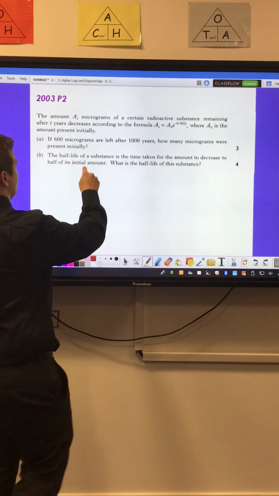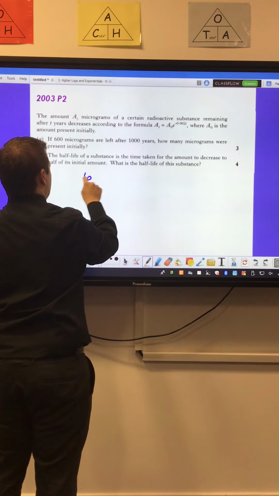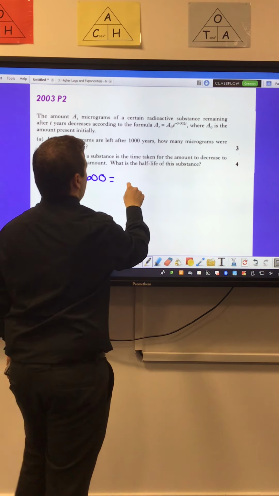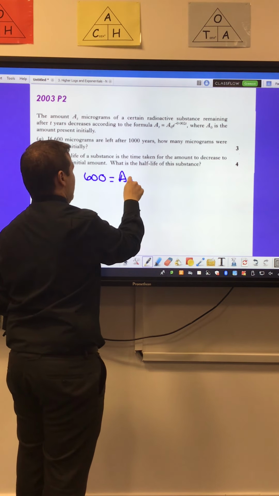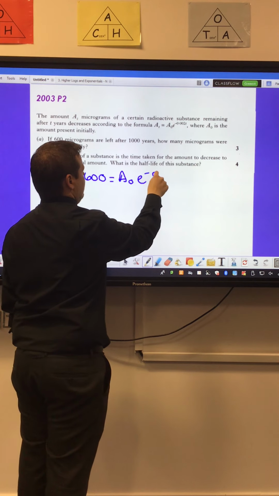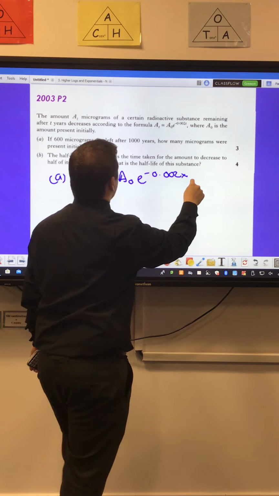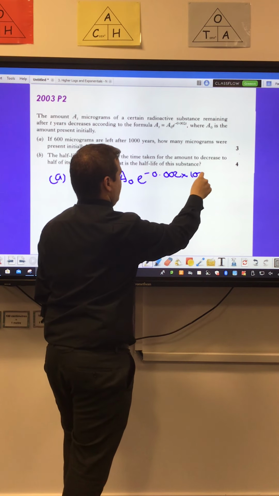Okay, so what we're told is that 600, part A, 600 equals A naught, we're going to work out what A naught is, e to the negative 0.002, and it's multiplied by 1,000.